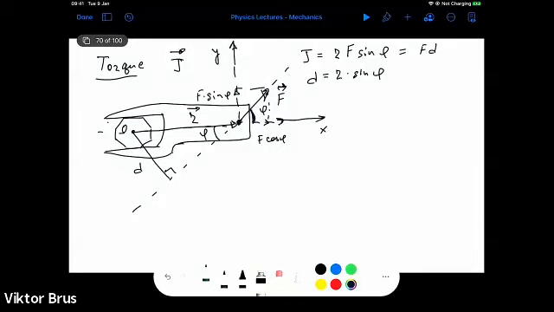And from the right triangle, we can define D as R times sine phi. And it's an important parameter. This D is called the moment arm or lever arm of force F with respect to the axis O of rotation.